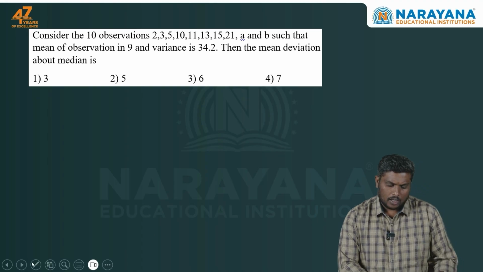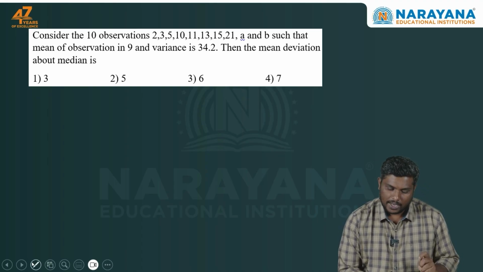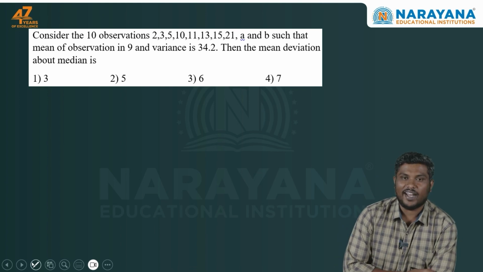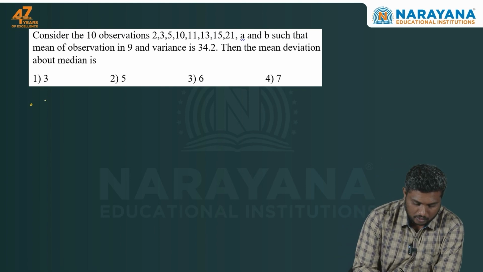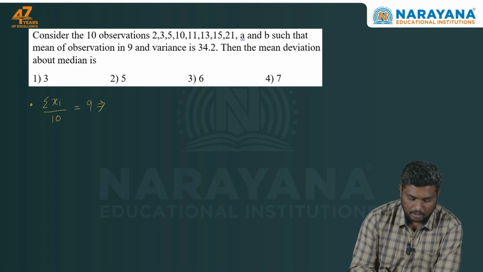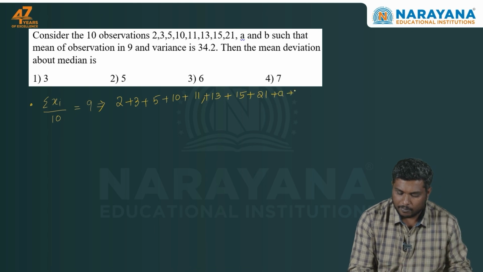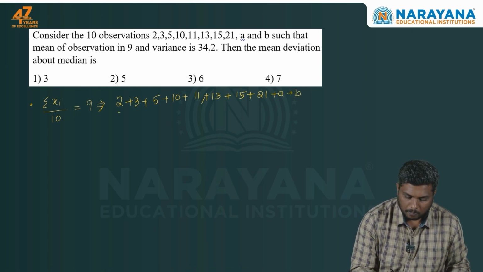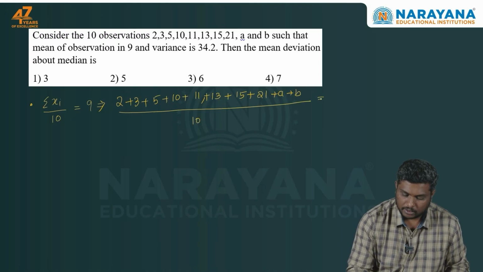The first question is about 10 observations including A and B such that the mean of the observations is 9. So the mean, sigma xi by 10, is given as 9. The sum of the observations given here is 2 plus 3 plus 5, 10, 11, 13, 15, 21, and then A and B, by 10, which is given as 9.